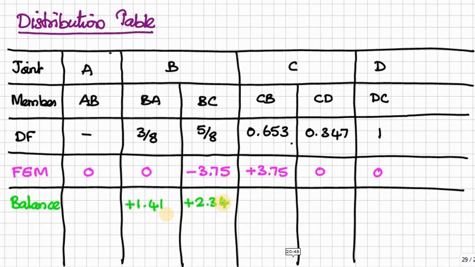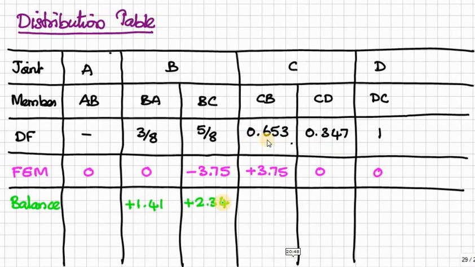Okay. Similarly, at joint C also, we have net moment plus 3.75. Therefore, to nullify this moment, we have to externally apply minus 3.75 to both these members, CB and CD, in accordance with the distribution factor.